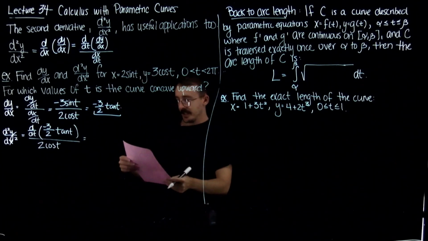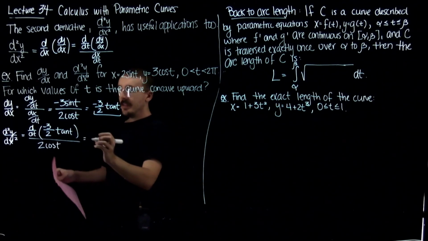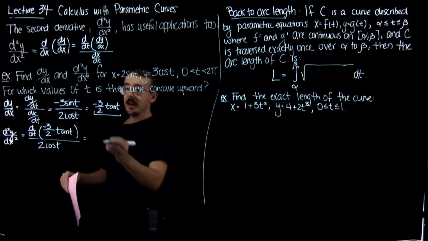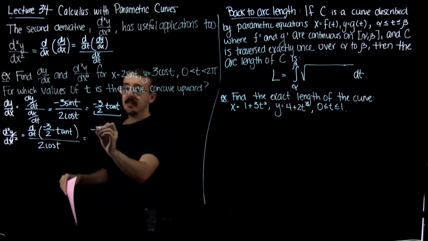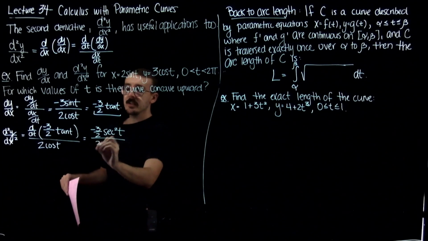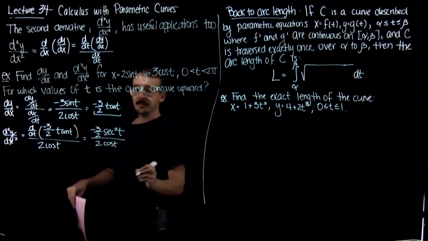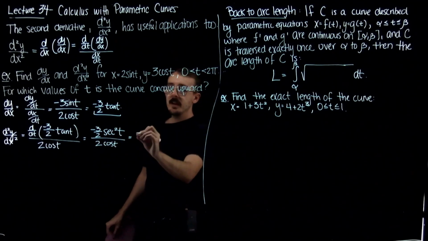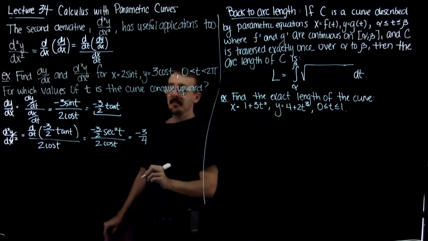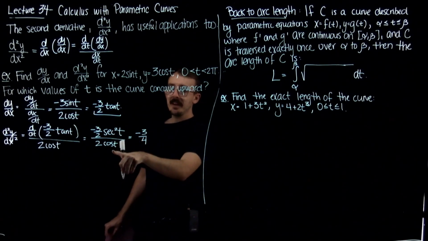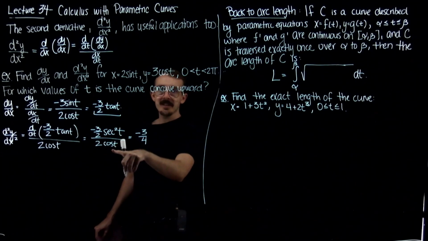So I need to go ahead and finish this. The derivative of tangent is secant squared. So the derivative of this is negative 3 over 2 secant squared t divided by 2 cosine of t. And then what is this? If I divide 3/2 by 2, I get 3 over 4. And if I move the 2 secants down here, that's like having two more factors of cosine down here.